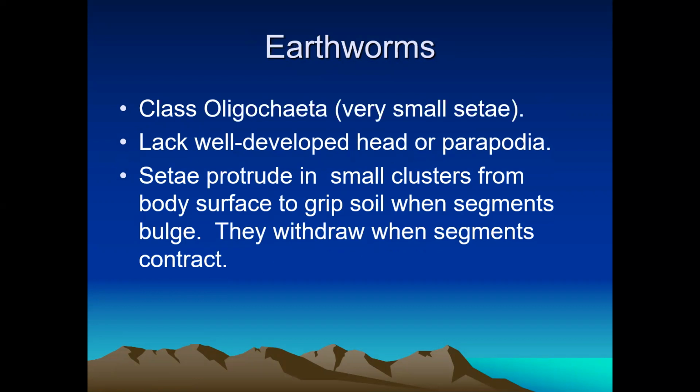If you've ever dissected an earthworm, one of the first things you are asked to do is take your finger and run it down the length of the worm and find these little sets of bumps. Those are the setae, and that is what it uses to grip the soil. It works with that hydraulic segmentation, moving water into the segments and causing them to bulge, and then withdraw, and that helps them move, wiggling through the soil.